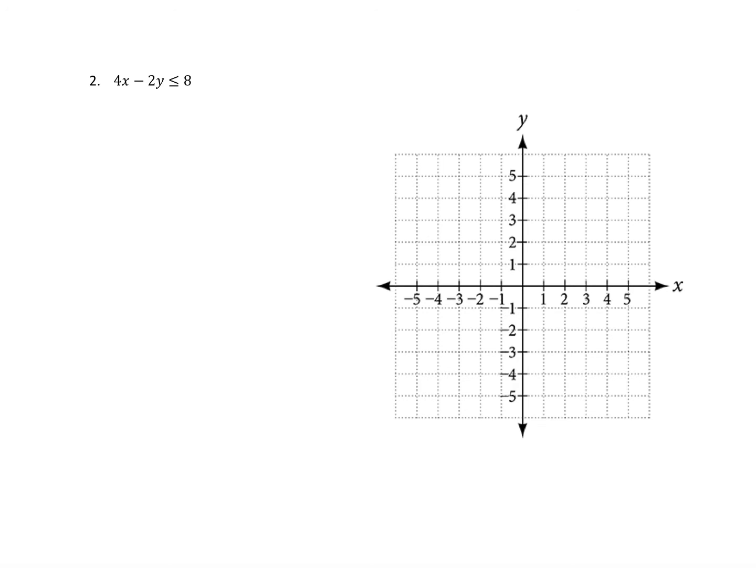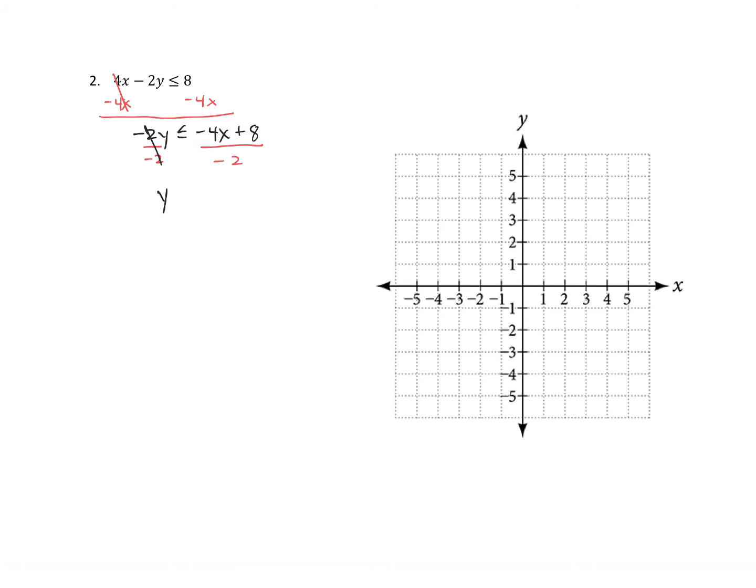Okay, so to use my method, the first thing I do is get the y by itself. So that's my goal. So I'm going to subtract off 4x from both sides. So that's going to leave me negative 2y is less than or equal to negative 4x plus 8. Again, I'm still trying to get the y by itself, so I'm going to divide everything by negative 2.